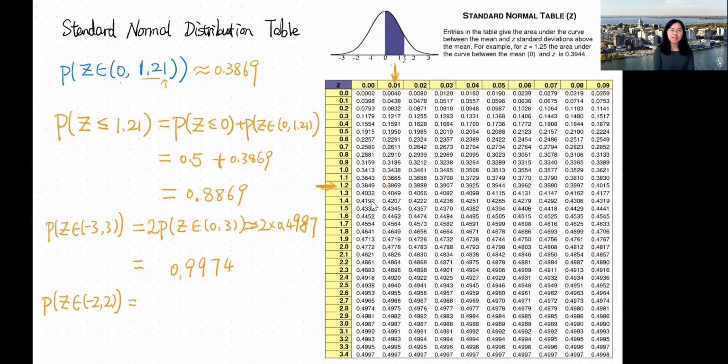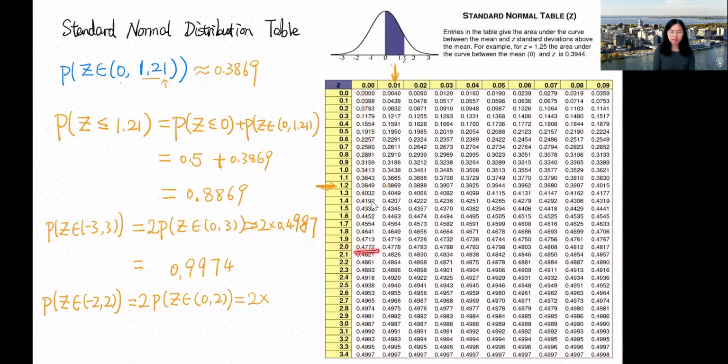The probability that z is between -2 and 2 should be 2 times the probability that z belongs to 0 and 2. And let's look for this probability in the table. We simply look for the row indicated by 2. So we look for the row title 2 and use the number on the first column because there is no second digit.